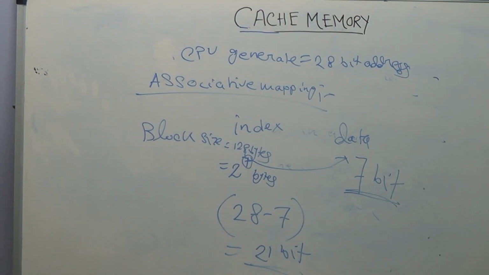So we get the remaining index field equal to 28 minus 7, that means 21 bits. So under the associative mapping technique we get the index field equal to 21 bits and data equal to 7 bits.